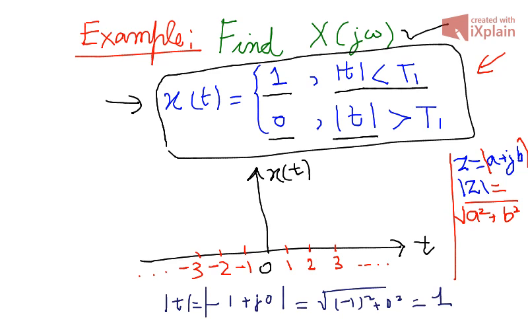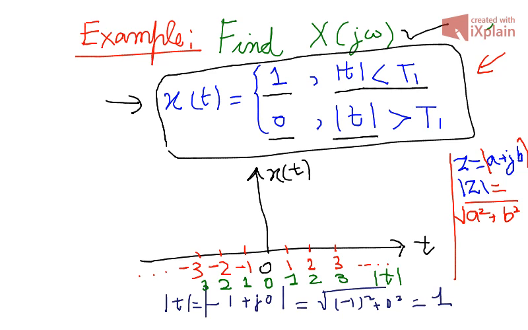So for -1 the absolute value is 1, for -2 it is 2, for -3 the absolute value of t is 3, and similarly for all others. The absolute values are all positive, from 0 towards left or towards right.